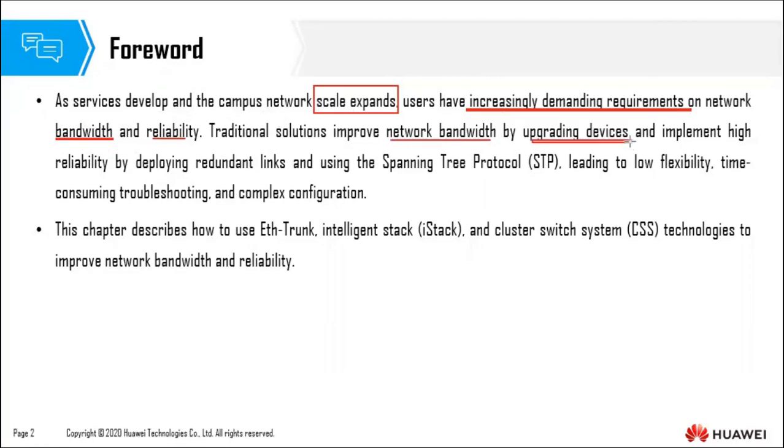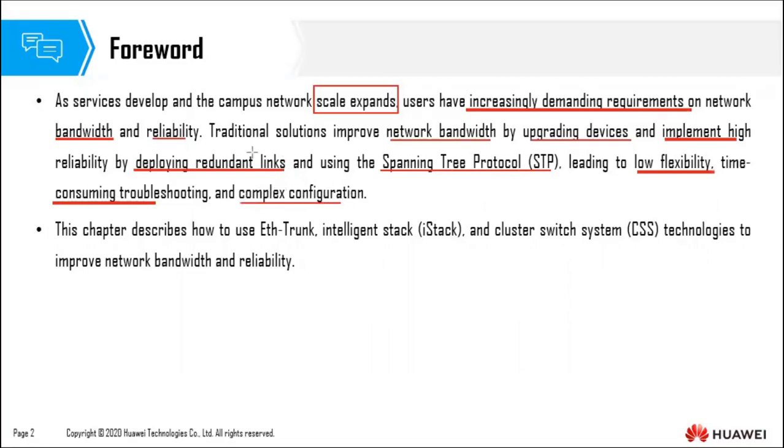Traditional solutions improve network bandwidth by upgrading devices, or you implement high reliability by deploying redundant links and using STP to avoid loops. This leads to low flexibility. It's time consuming to configure and troubleshoot complex configuration.